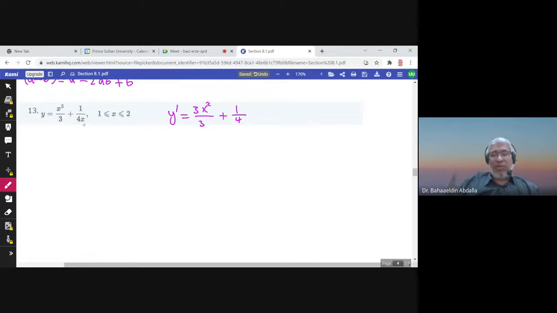X is in the denominator, it has power 1. But if you take it up, then it would be x to the power negative 1. And what is the derivative of x to the power negative 1? It is negative 1 over x squared. So I can write y prime, cancel 3 with 3, I have x squared, and here it would be negative 1 over 4x squared.